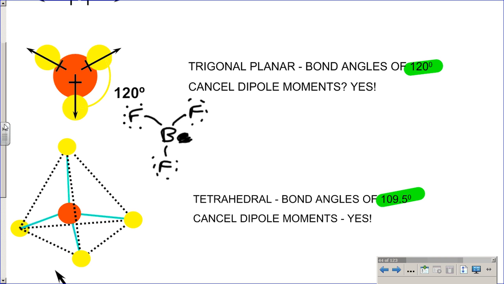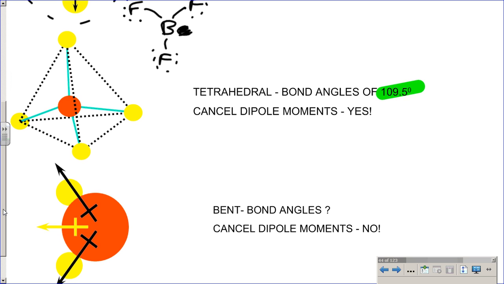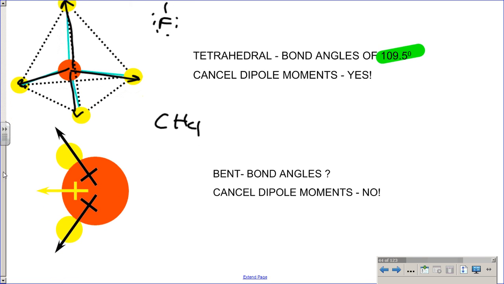I do know that they are not exactly opposite from one another, but they're pulling electrons to the perimeter of the circle here, so we are assuming that they are canceling each other out. Tetrahedral will do the same thing. Even though they're not exactly opposites from one another, they can pull electrons up, to the right, back, and forward equally. So for example, methane, when you draw it, will have 100% cancellation of dipole moments, so overall nonpolar.